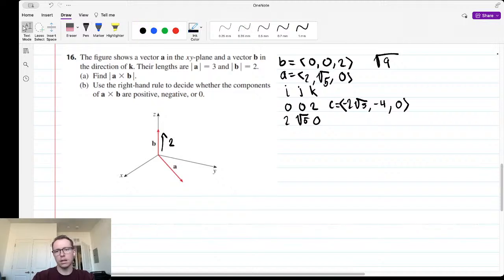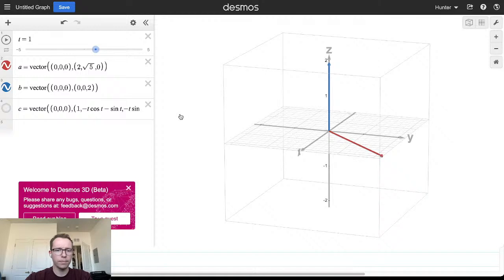So there is our third. So if we bring Desmos back, and then we can take this long mess out, and then do negative 2 radical 5, comma, negative 4, comma, 0, and then turn that on.